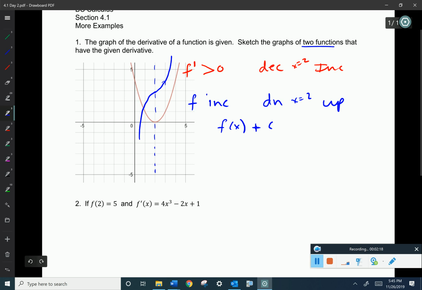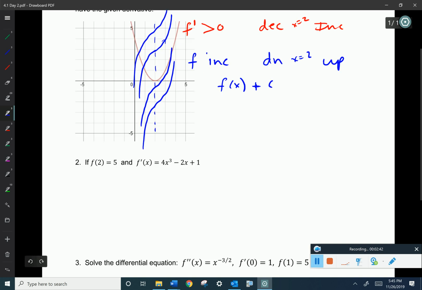Well, that's just going to be a vertical transformation, right? It's going to either raise the graph or lower the graph. So really, any graph that is always increasing, changes from down to up along that x equals 2 line, would be a possible graph of the original function. So they said to draw two, but I could draw as many as I wanted to. Notice they're all the same basic shape, but just with a vertical transformation.